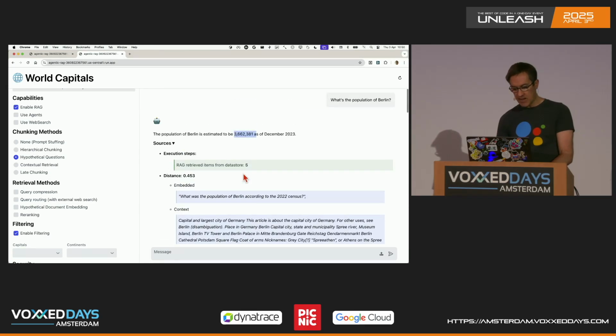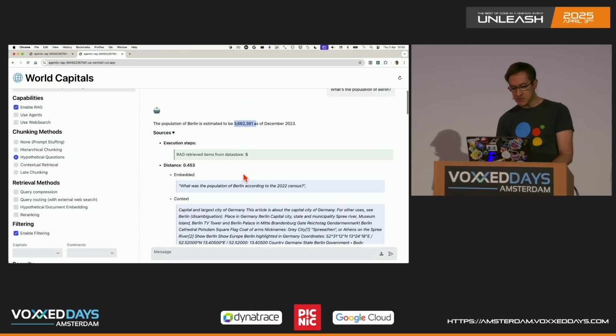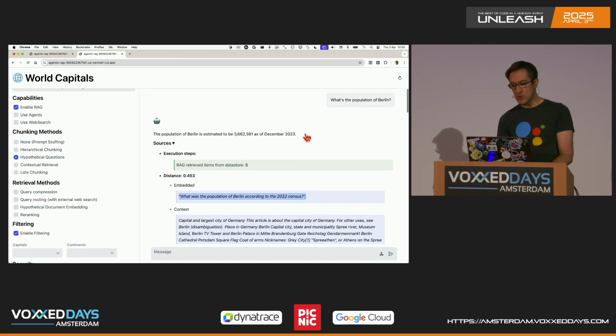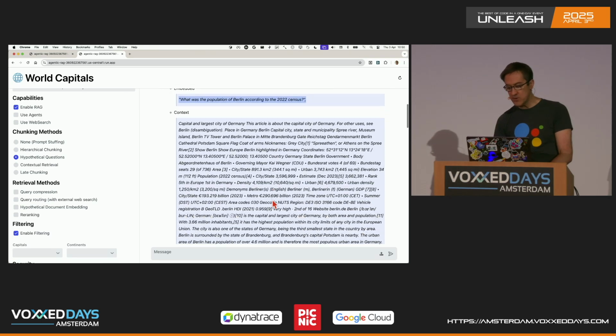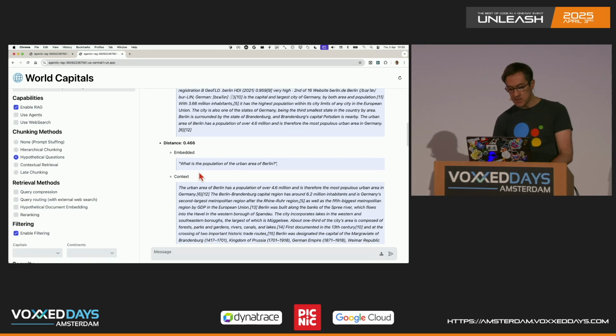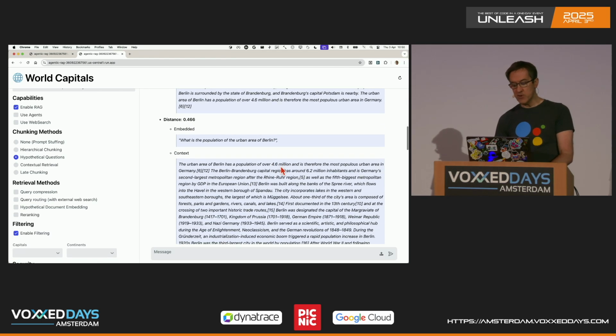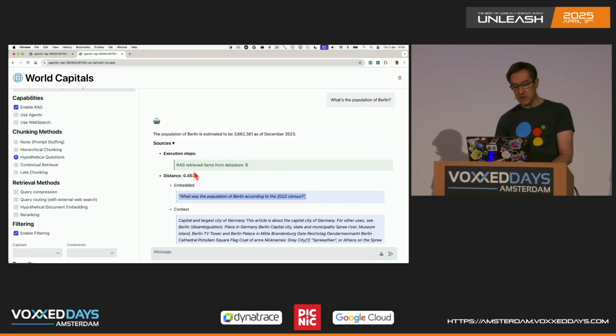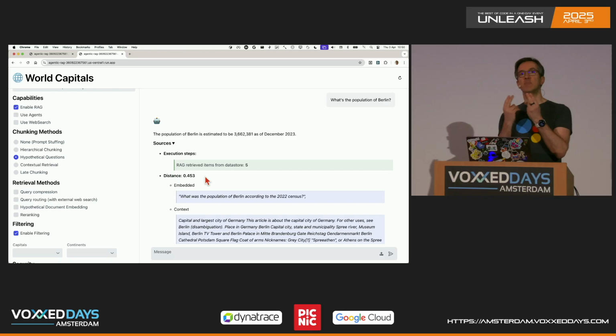And I have, again, 5 search results, but my question, the user question, what's the population of Berlin, was compared to this LLM-generated question. What was the population of Berlin according to the 2022 census? Or this one was the population of the urban area. And you see that the actual distance is smaller, which means that semantically, yeah, there's a question over there.